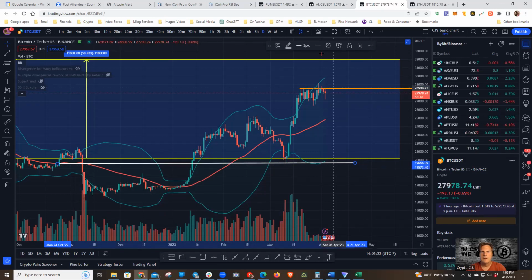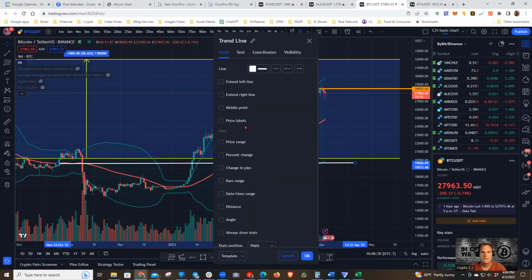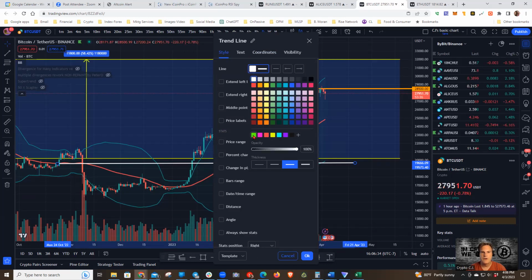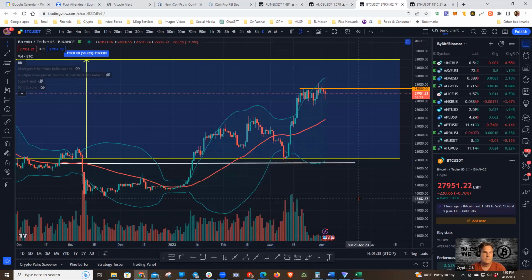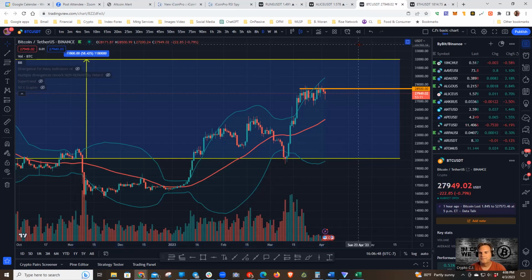When I do that, this little toolbar pops up, and I can go to the settings and change it. Currently, it's white. I can change the color to green if I want. So that's how you do that. I hope that helps. If I went too fast, let me know. No, that was fine, CJ.